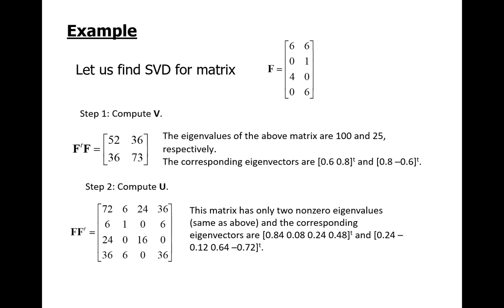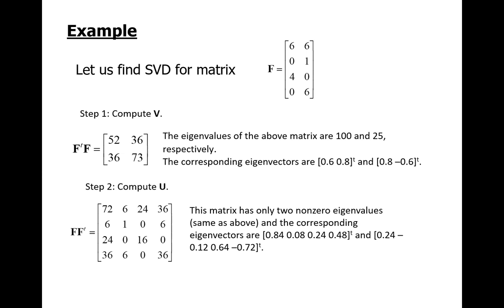Matrix U will turn out to be a 4 by 4 matrix. If we calculate its eigenvalues and eigenvectors, you will find that this matrix has only 2 non-zero eigenvalues, and those happen to be the same as the ones we saw earlier, that is 125. The other 2 eigenvalues are 0. The corresponding eigenvectors for the eigenvalues 125 are as given.